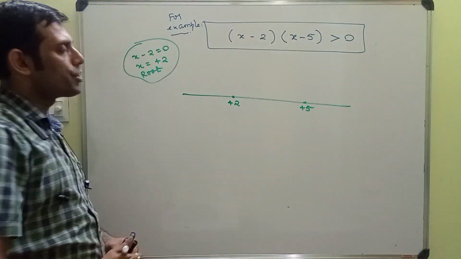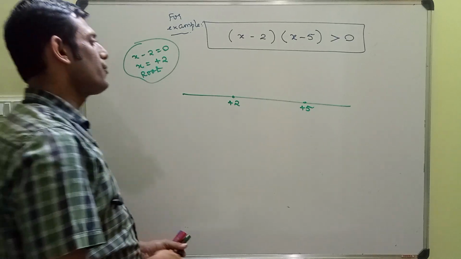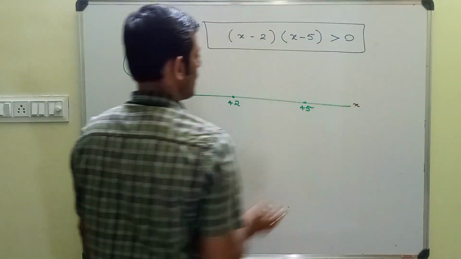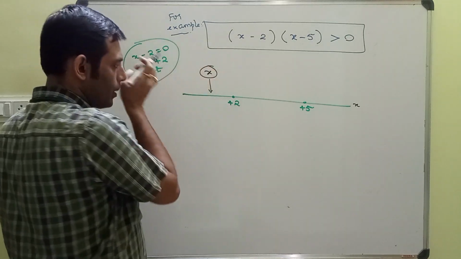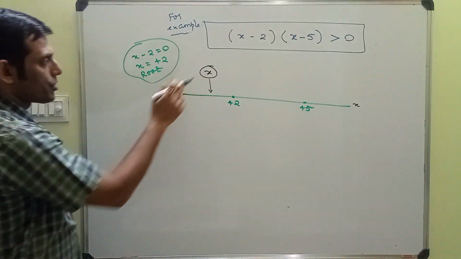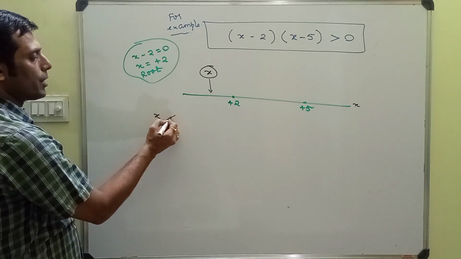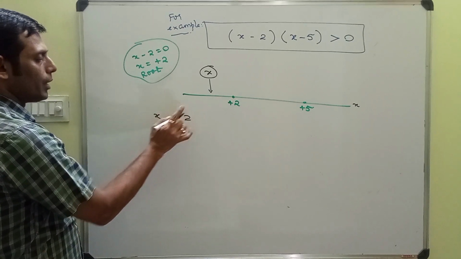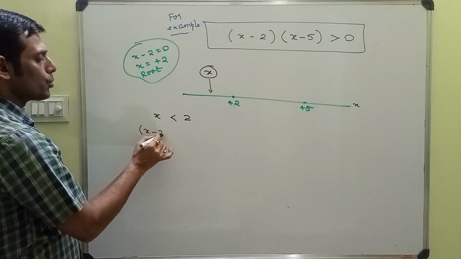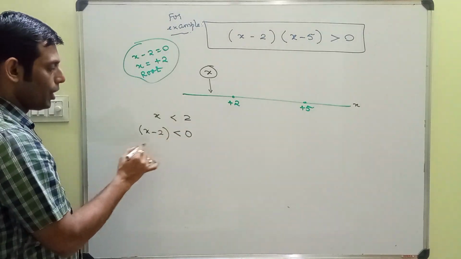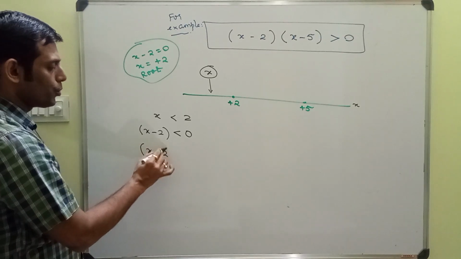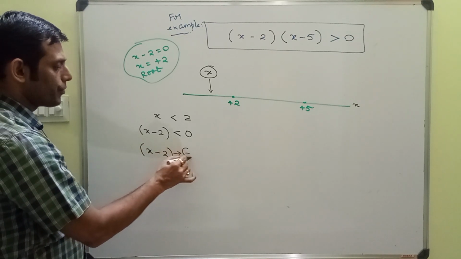Now let's take a position on this number line. This is a number line for variable x. Suppose x is here. Now that means if x is here, x is less than 2. That means x minus 2 is less than 0, and that means x minus 2 turns negative.